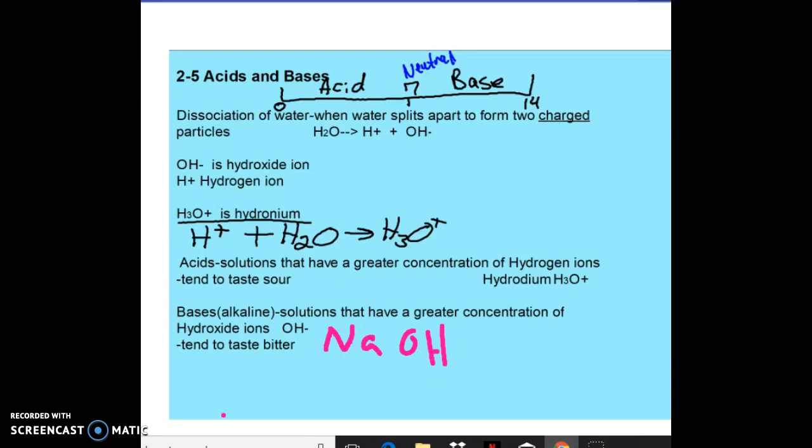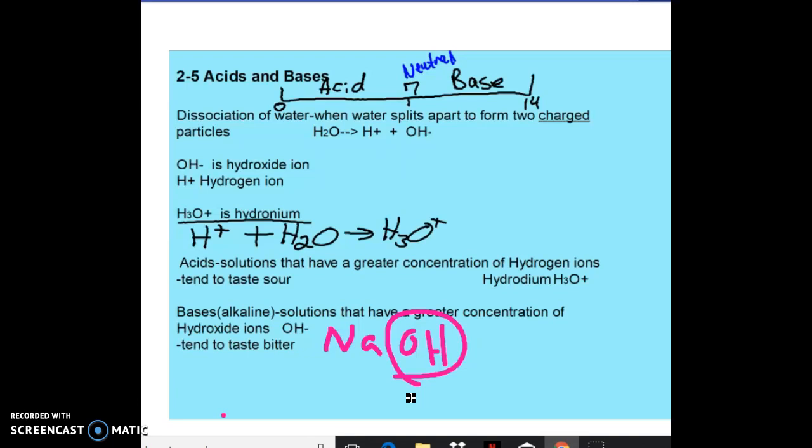When bases are dissolved in water, they break apart because they dissolve really easily in water. Acids and bases both do because water is a polar molecule. Remember, we watched that little video on water. If you need to rewatch that to review, please do, because it is important to understand that. So water is polar.